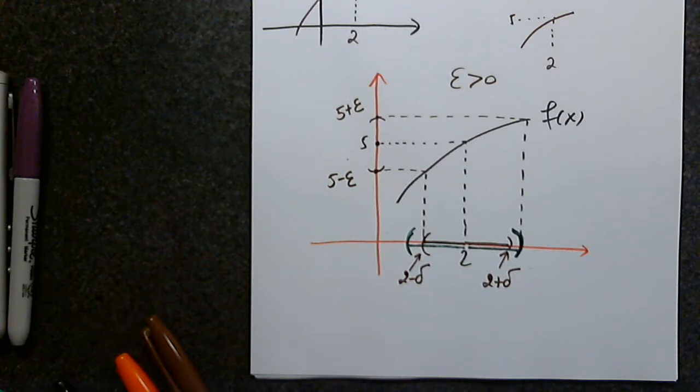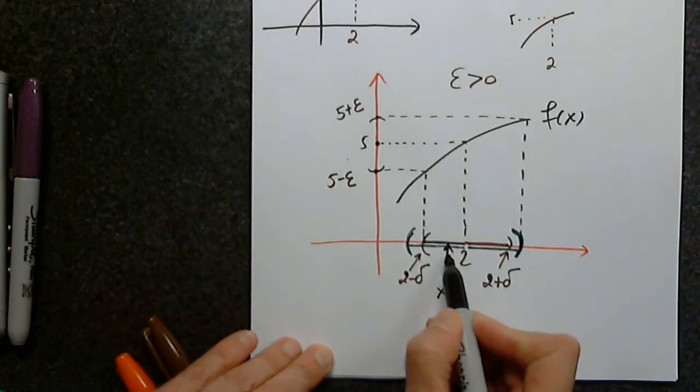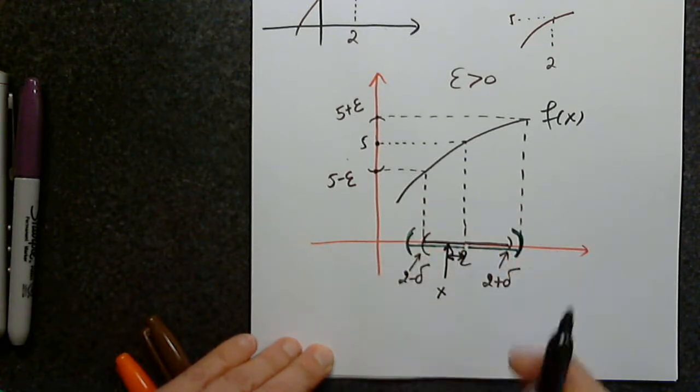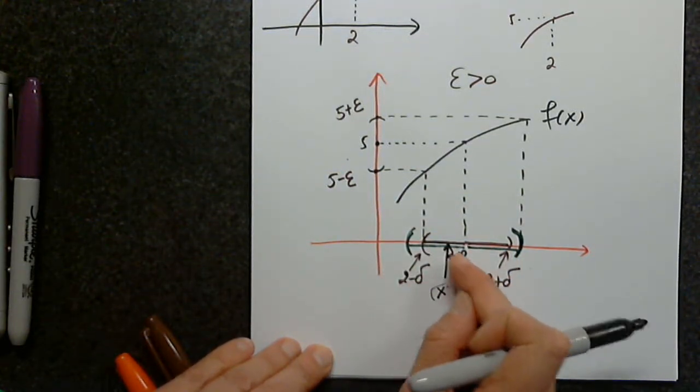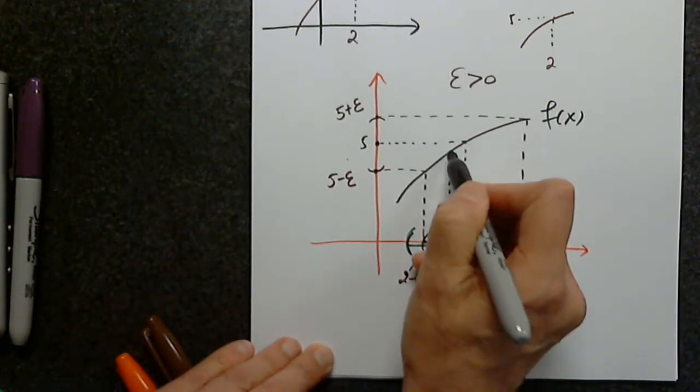I'm starting from scratch. For every epsilon that I pick, and I create the open, symmetric interval around 5, I will be able to find a corresponding delta around 2, and we'll discuss which one, such that every time I pick x close to 2, with the distance smaller than delta, one more time, every time I pick x close to 2 with the distance between x and 2 smaller than delta, where will f of this x fall?